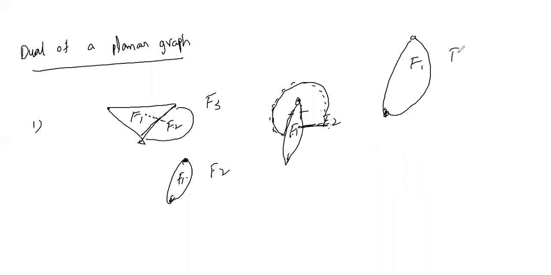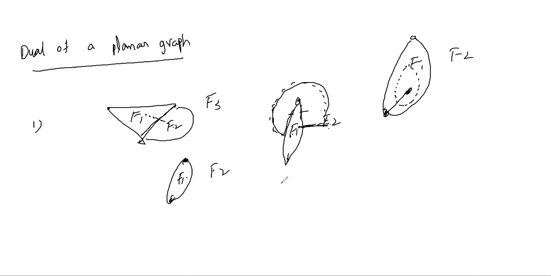F1, F2. Here some vertex will be there, any vertex which lies totally inside the region. So what you have to do is, in the region F1 covering that vertex, you draw one loop. That is the third condition.